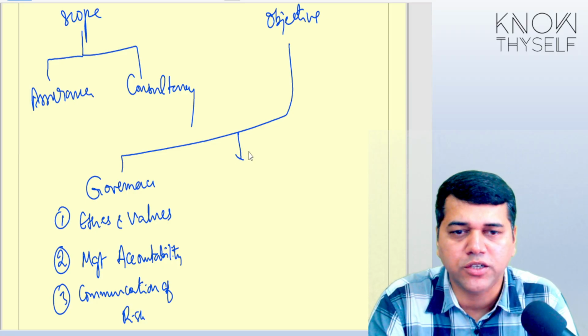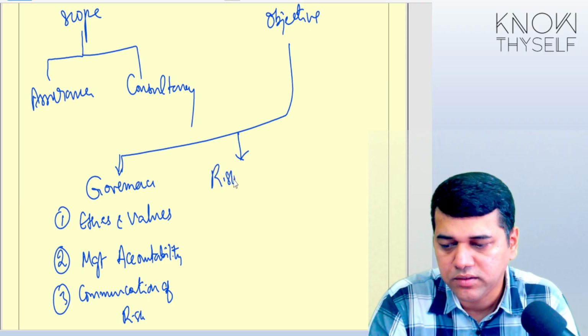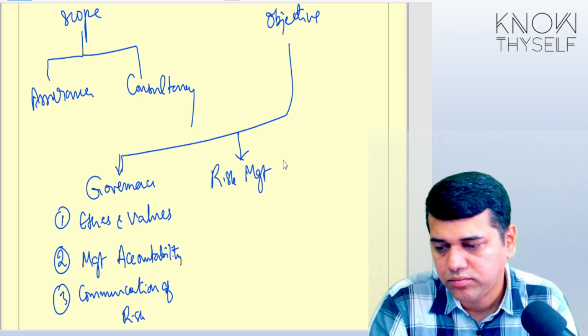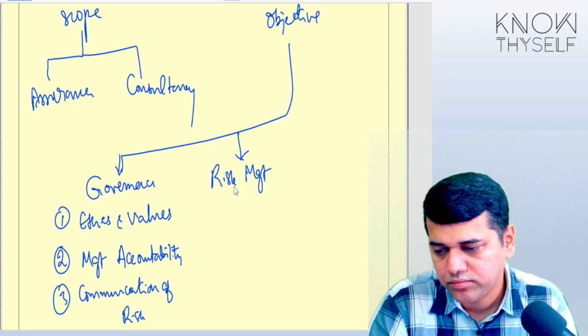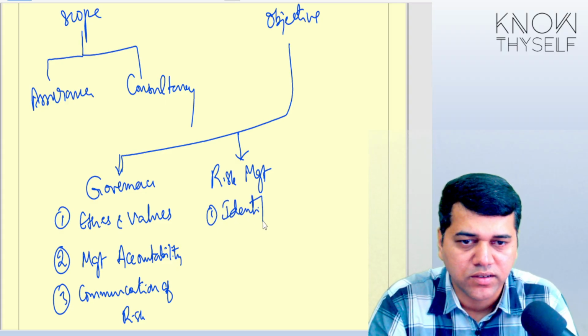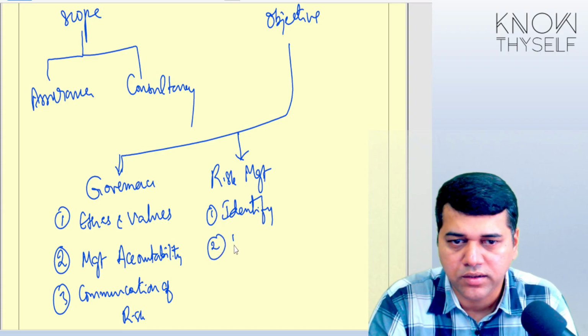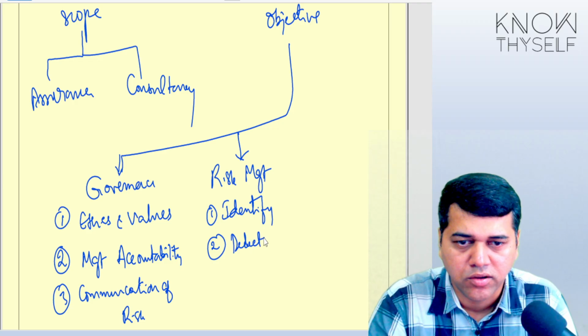The second objective they exist for, or what they are doing, is risk management. How? Identify the risk, and second, detect fraud risk.